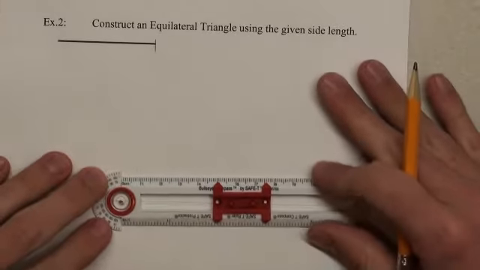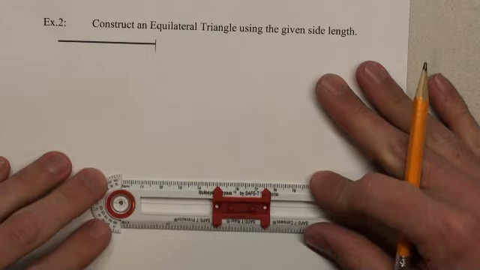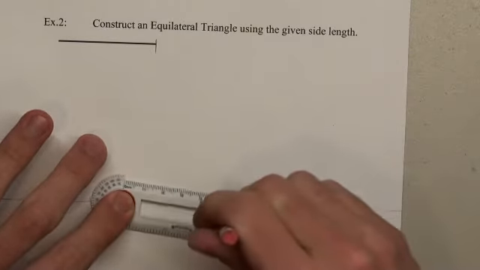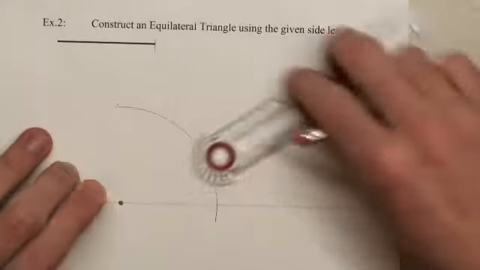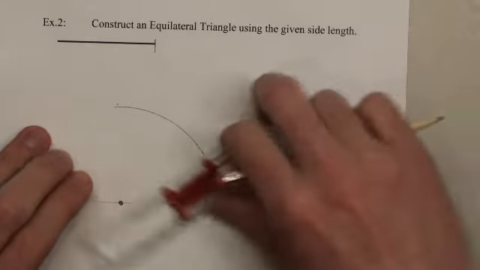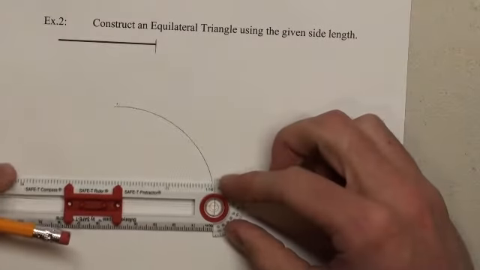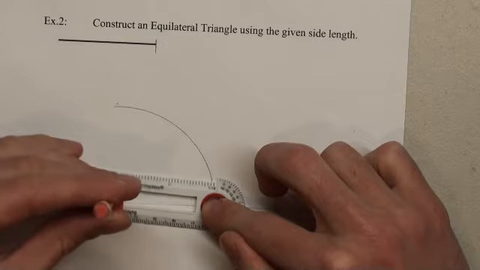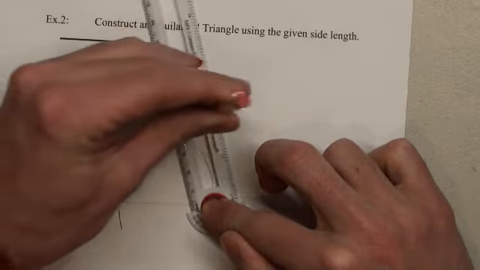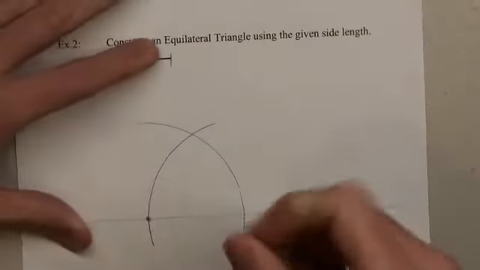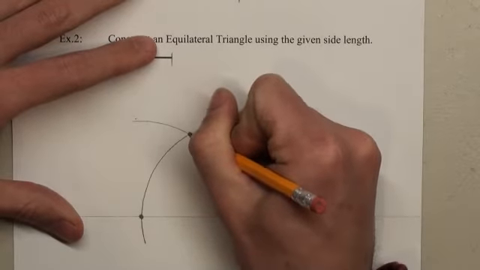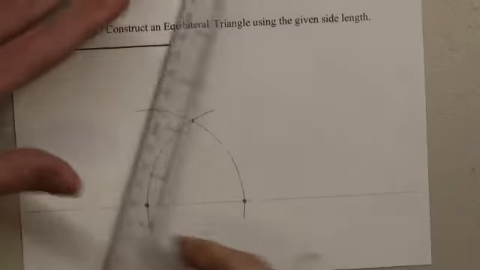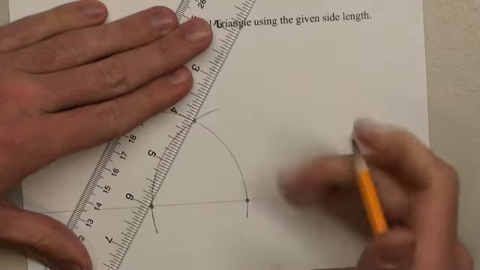Put the bullseye on the dot. Just like that. Use the same distance. Okay. And now I go from this side. Just like that. So now I have 3 places. 1, 2, 3. Okay, and I just draw in my triangle.